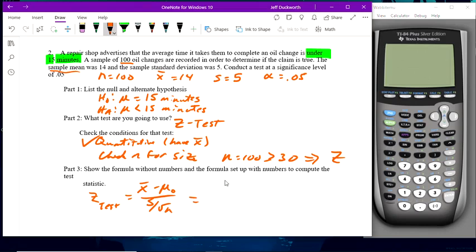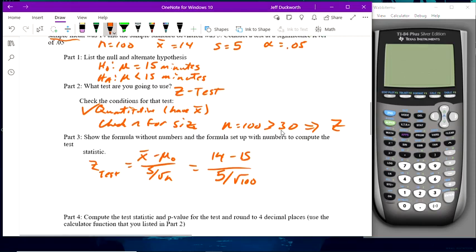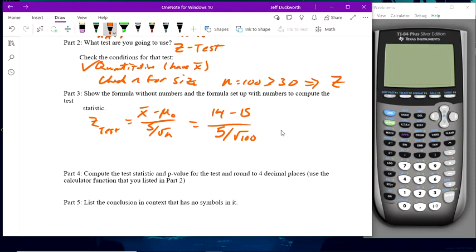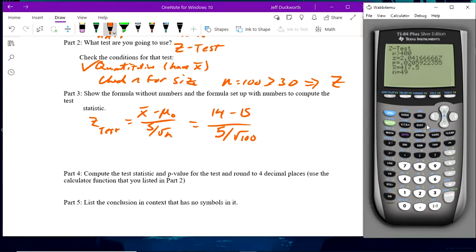So there it is. Our x bar is 14. Our mu sub 0 is 15, that's our proposed value. s is 5 and n is 100, so root 100. And we'll calculate that with the calculator as well. We don't need to do all that by hand. All right, so compute the test statistic.